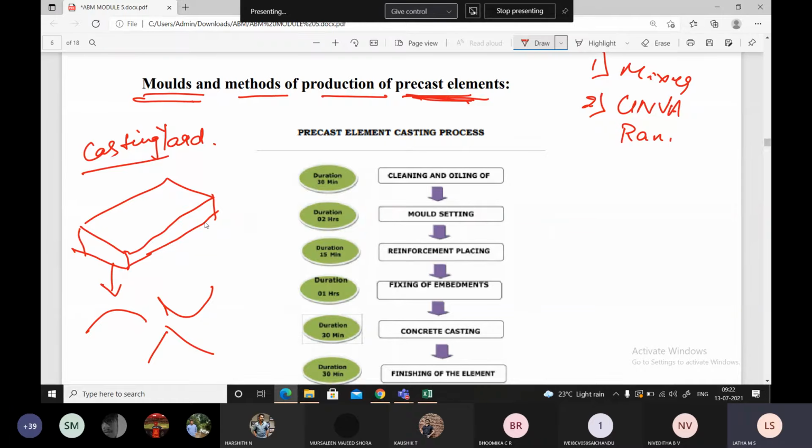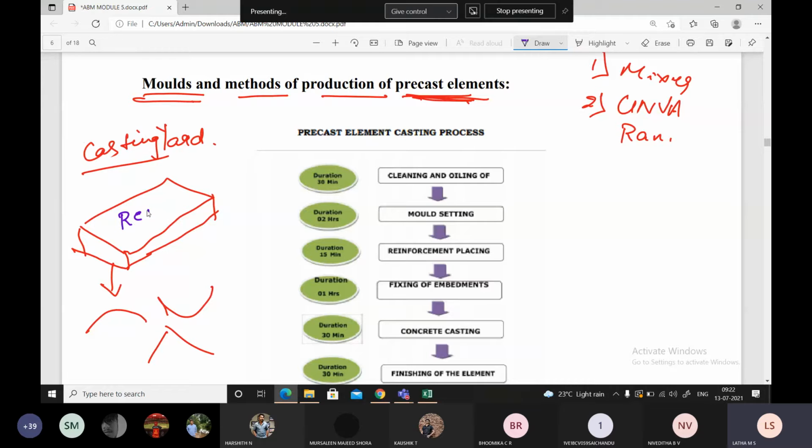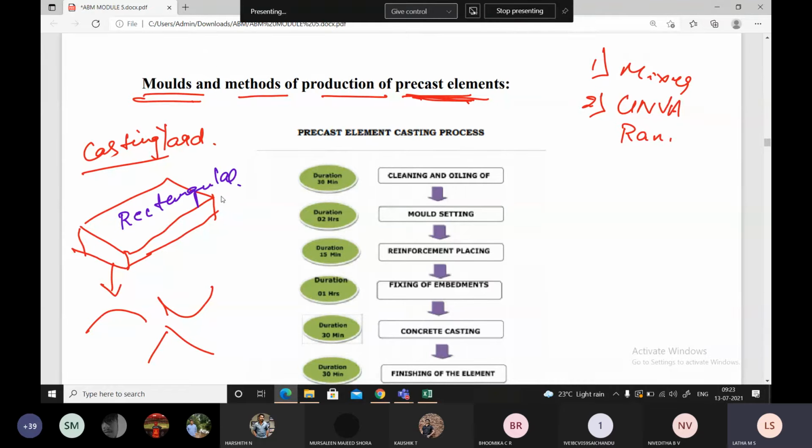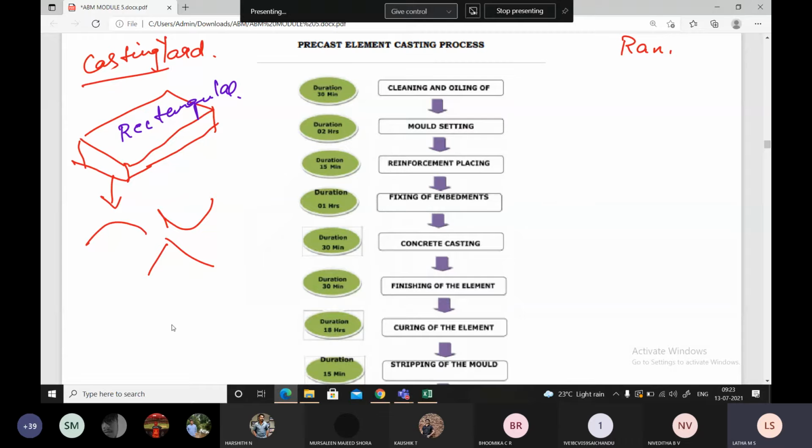But very commonly, we have seen this rectangular block of construction. Now we'll study more about the different types of precast elements. This is a chart depicting the precast element casting procedure.